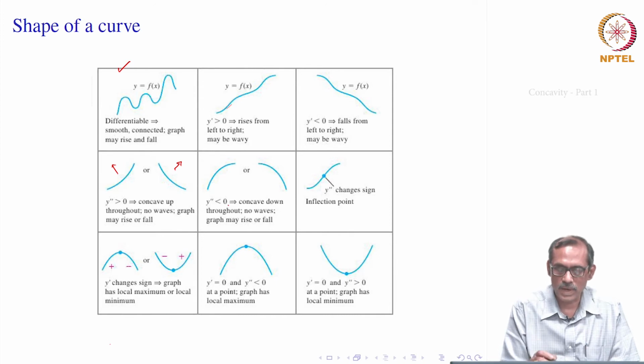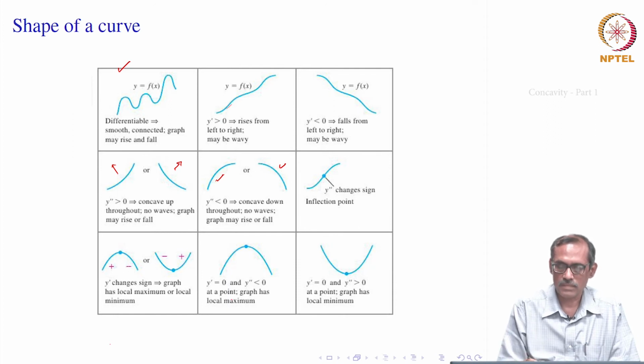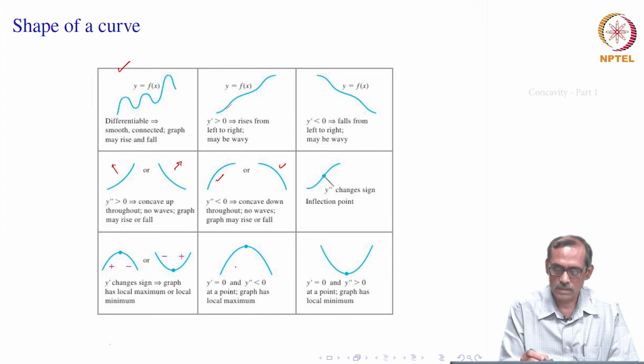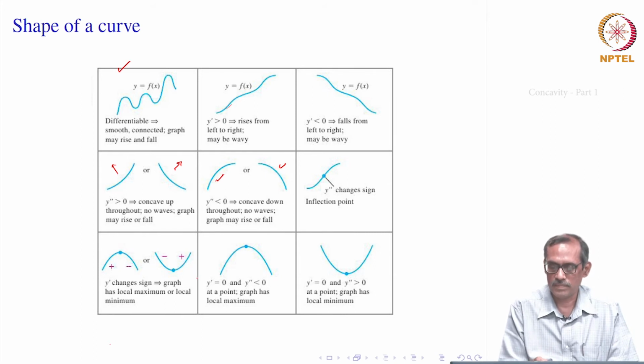So, if y double prime is less than 0, then it will be concave down. It may look this way or this way, it may increase, it may decrease, but its concavity is downwards. There are no waves again, but throughout it will be concave down. So, it basically says about the shape of the curve.